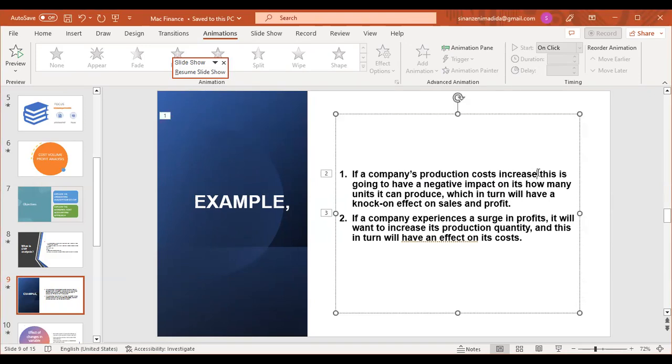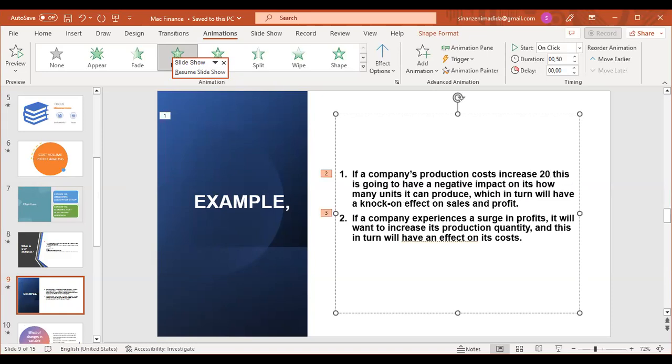Production of 1 unit is going to increase by 20 Rand. We are increasing our production cost. Remember we said these variables are intertwined, they are related. If you increase one, the other two must be affected. What is going to happen to our sales if we increase our production cost?